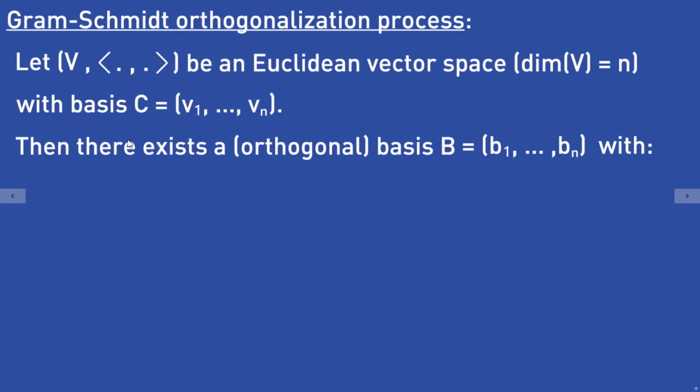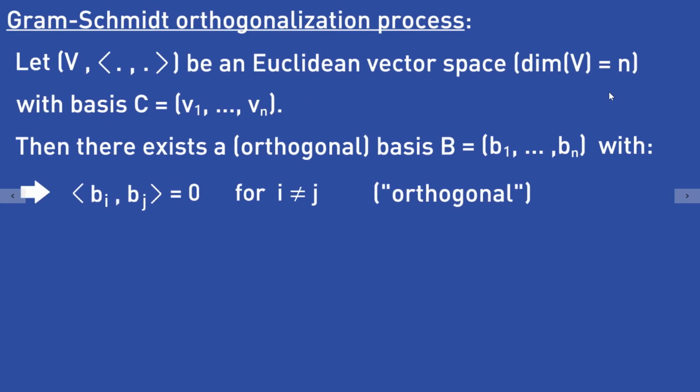Then there exists a basis B = (b1, ..., bn) with the scalar product of bi with bj equal to 0 for i not equal to j, which means the basis B is orthogonal.